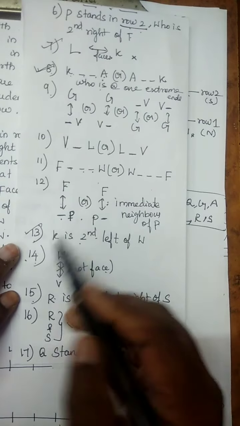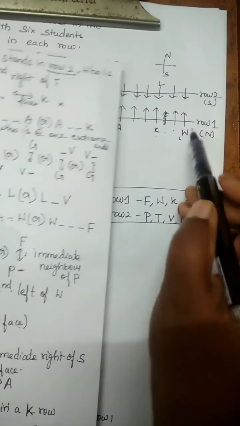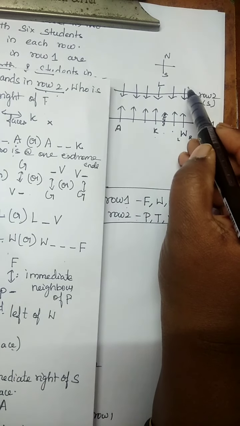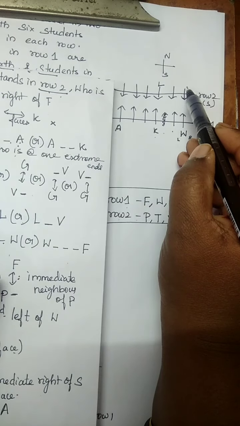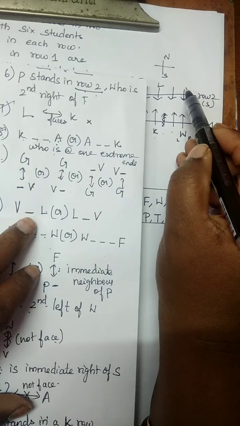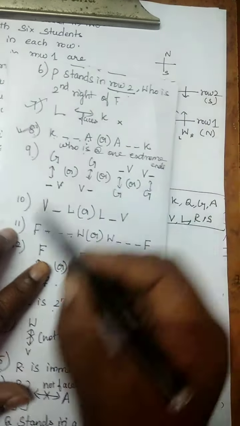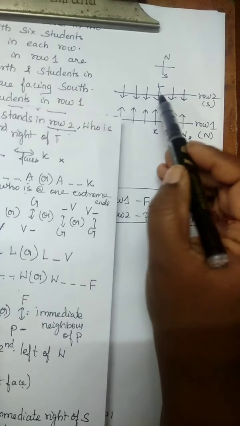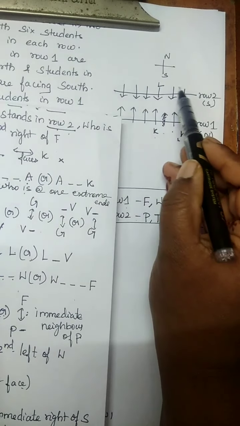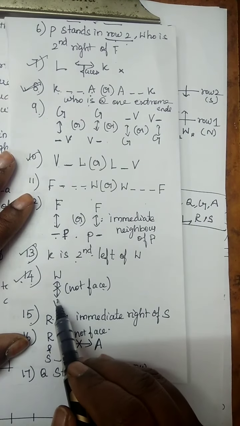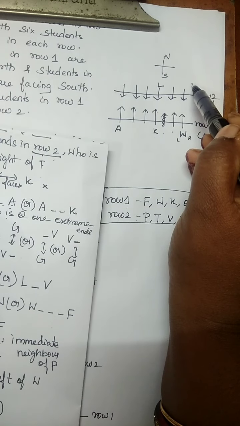Now W does not face V. So V will not come here. So V, where will be the V? See here V. There is one person between V and L. If we put V here, W will face V. But here the clue is W will not face V. So V is not here.